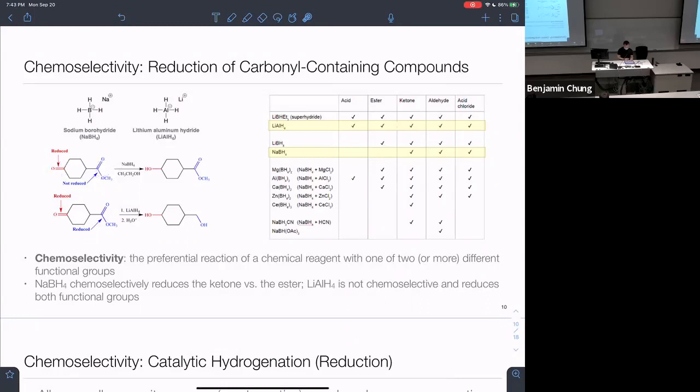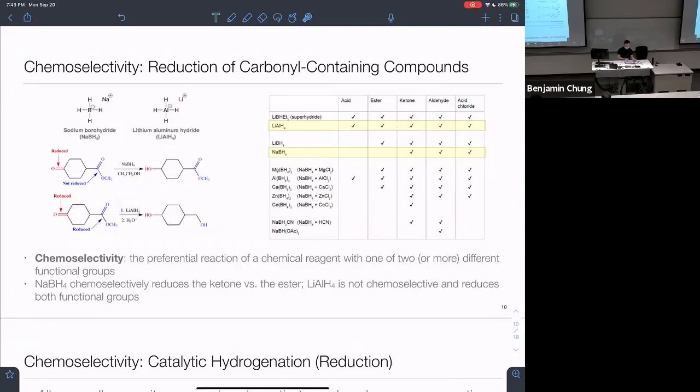So in the case of sodium borohydride, is it chemoselective? Oh, sorry, it is chemoselective because it only reduces the ketone but not the ester. So sodium borohydride can give the chemoselective reduction, but lithium aluminum hydride is not chemoselective because it reduces both the ketone and the ester to give the alcohols respectively.